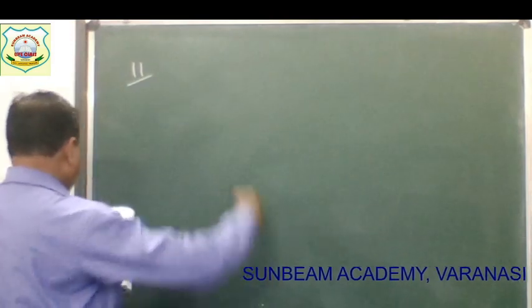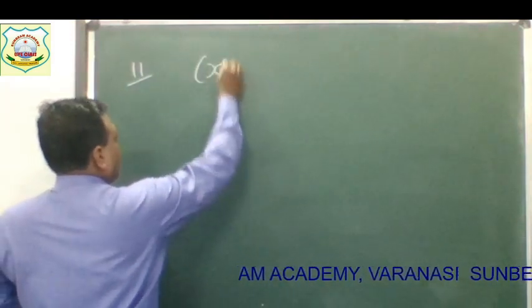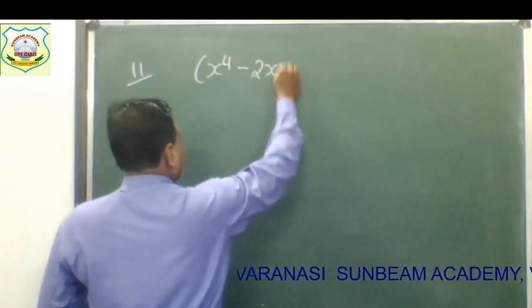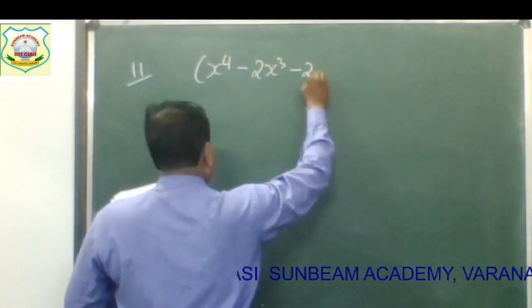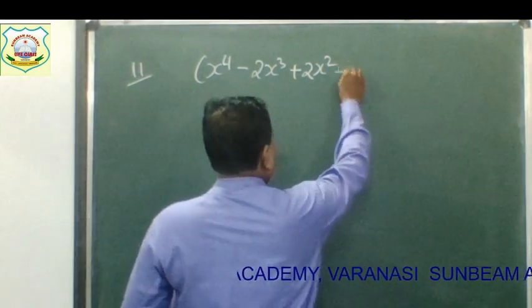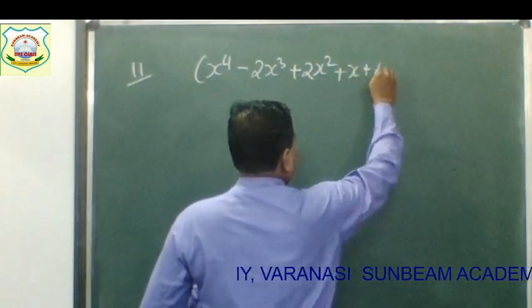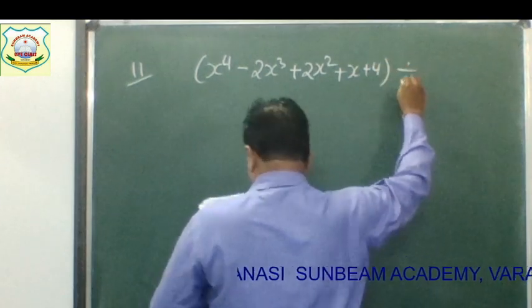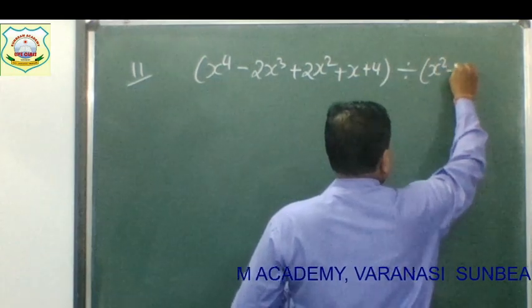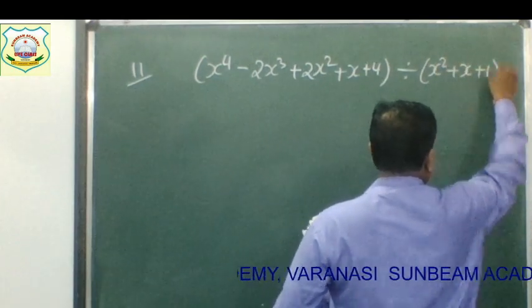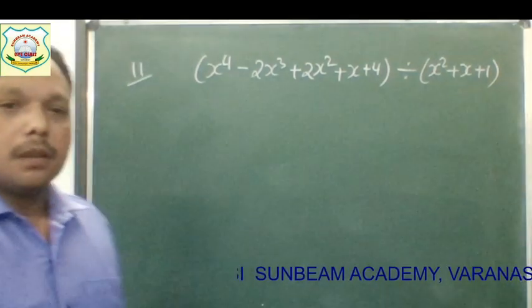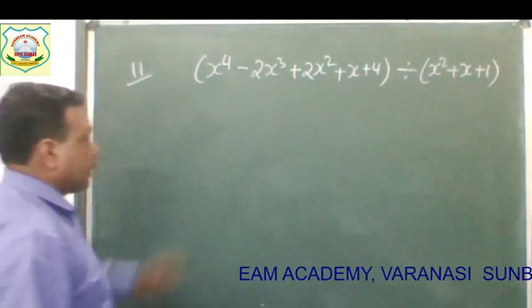Question number 11 is given: x power 4 minus 2x cube plus 2x square plus x plus 4, divided by x square plus x plus 1. Students, this is a little bit tougher than the previous sums.